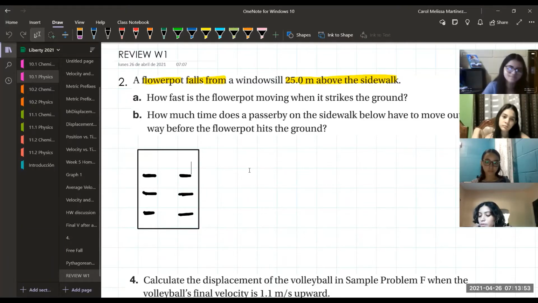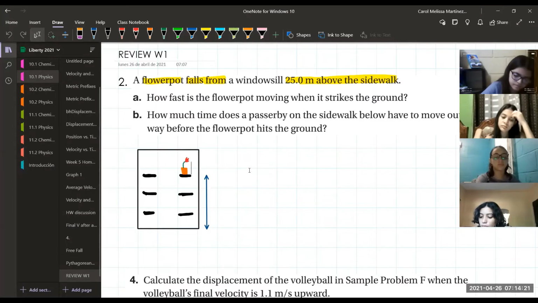I know it. Okay, so this windowsill is located at 25 meters above the sidewalk, okay?